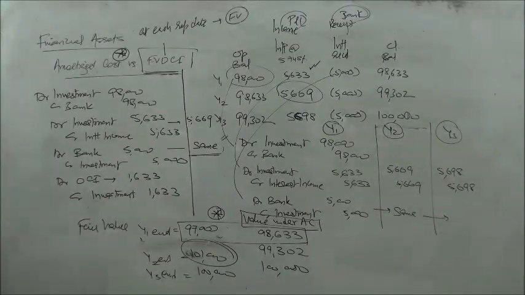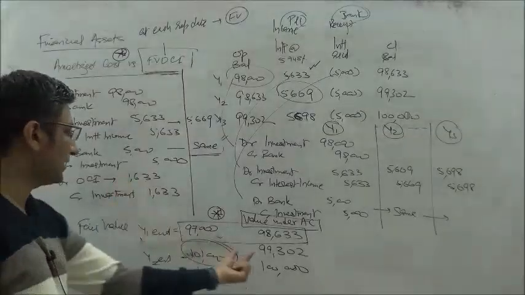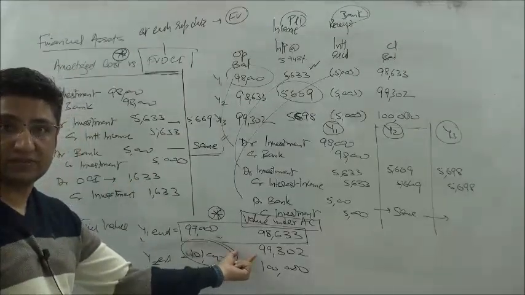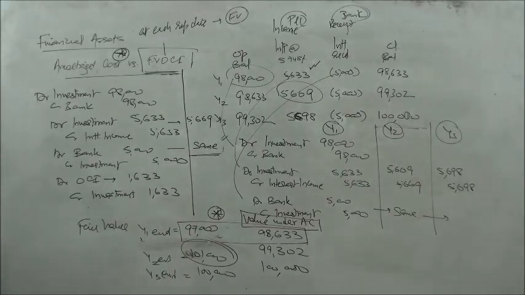We are saying that you reverse the original loss and you also recognize a further gain in the books. So effectively, you bring in that cumulative change so far with respect to the fair value differentials.